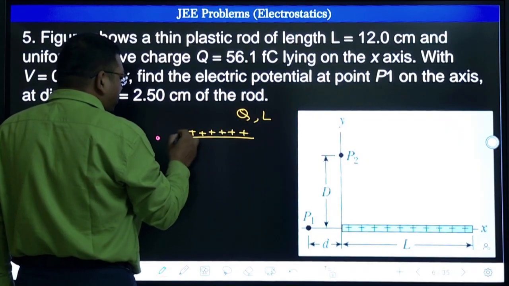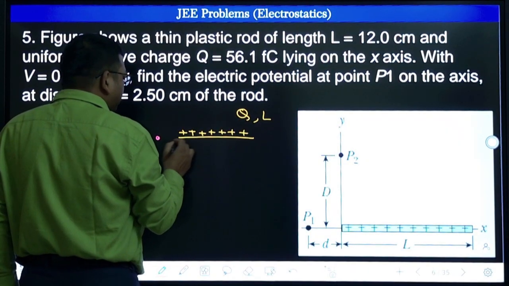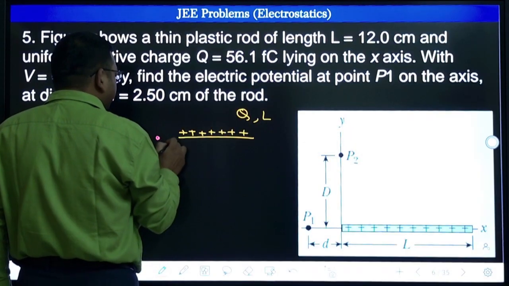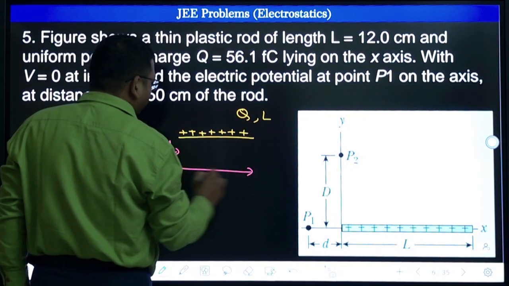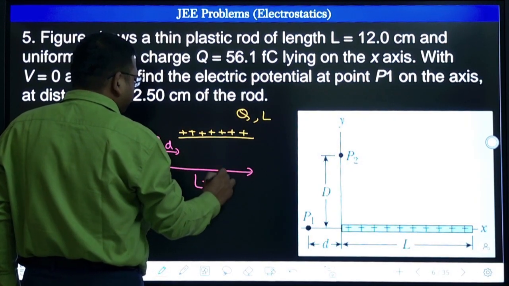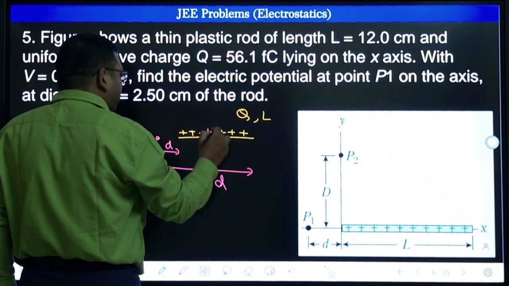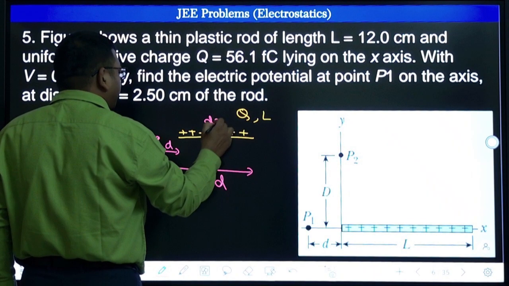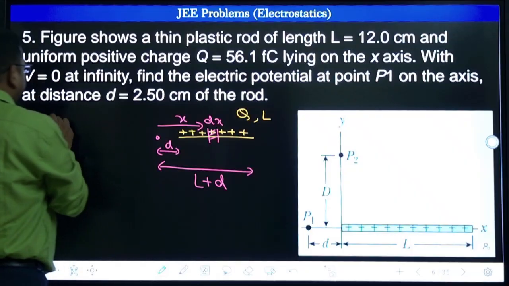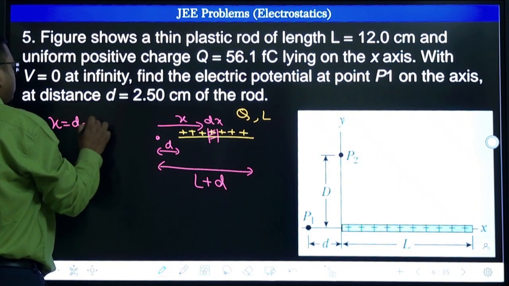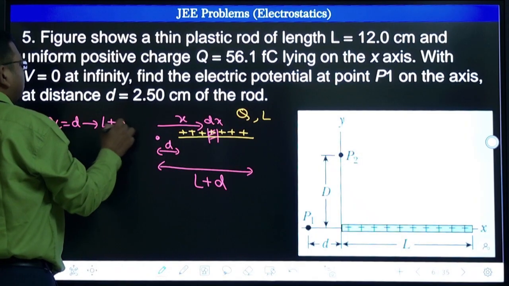So first of all, you have to choose an element. This distance they have given is d, and this distance will be l plus d. So we are going to choose a small element of thickness dx at a position x, and this x will vary from d to l plus d, right?